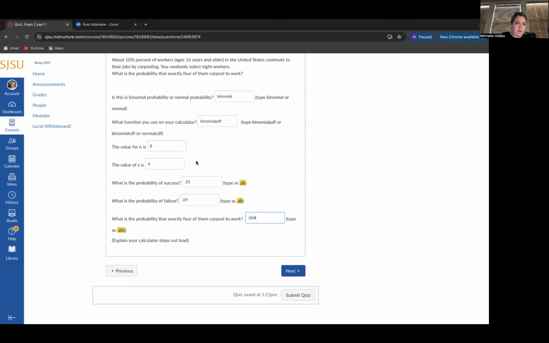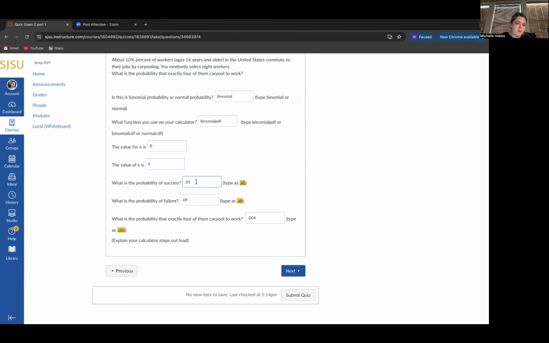So I calculated binomial PDF, and I know the value for n is going to be 8 because of the 8 workers. I know the value of x is going to be 4 because 4 of them carpool. And then the formula is probability of failure. Oops.